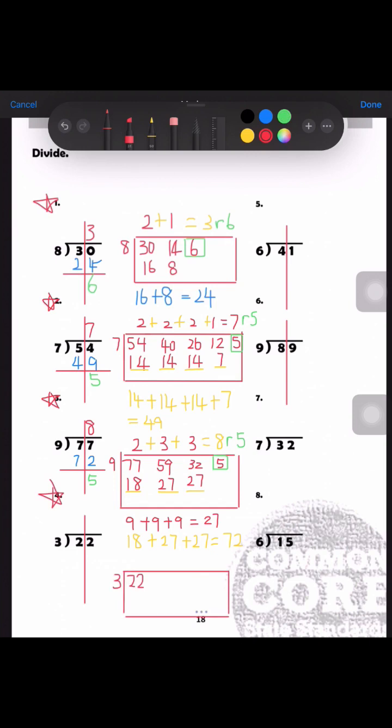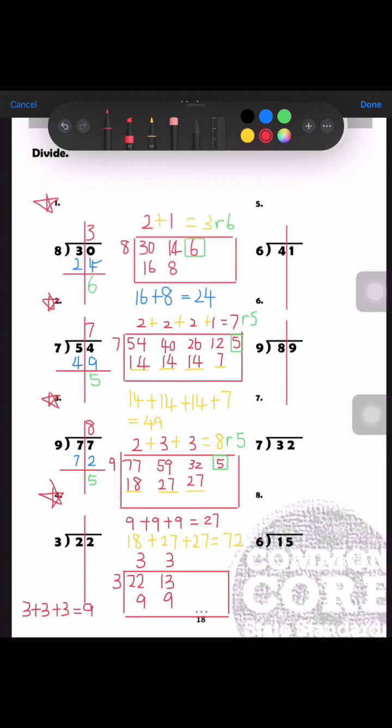Okay, let's move on to the next question, 22 divided by 3. So we can get 3 groups of 3 from 22. 3 groups of 3 will be 3 plus 3 plus 3, which is 9. So 22 minus 9 equals, yes, 13.